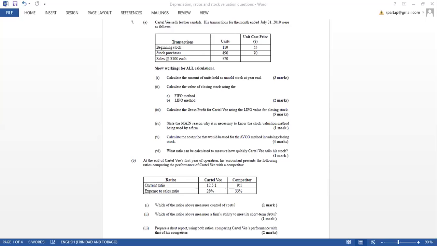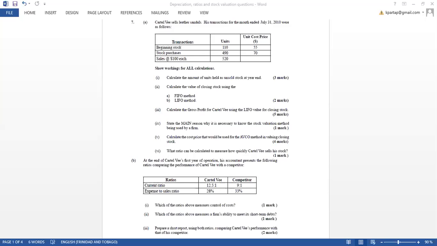Okay, good. So let's go to the second question now. Calculate the value of closing stock using firstly the FIFO method and secondly the LIFO method. When we did this in class, we had a long table to deal with, but in this question, you really don't have a lot of working to do. It's just a couple of lines to work it out.